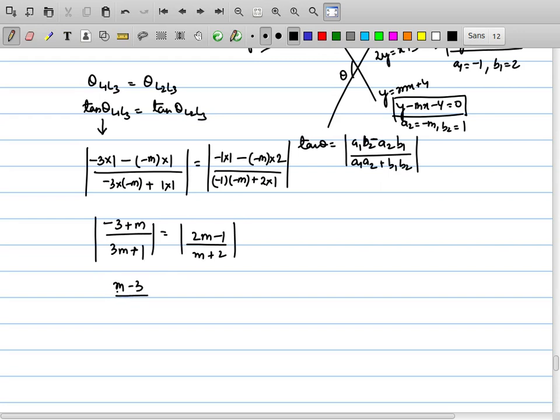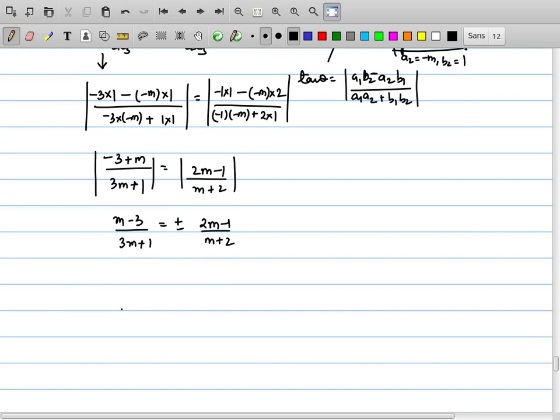This is plus or minus: (m minus 3) upon (3m plus 1) equals plus or minus (2m minus 1) upon (m plus 2). So we'll solve them one by one, taking plus and minus signs. If we take the plus sign first, m minus 3 into m plus 2 is equal to 2m minus 1 into 3m plus 1.